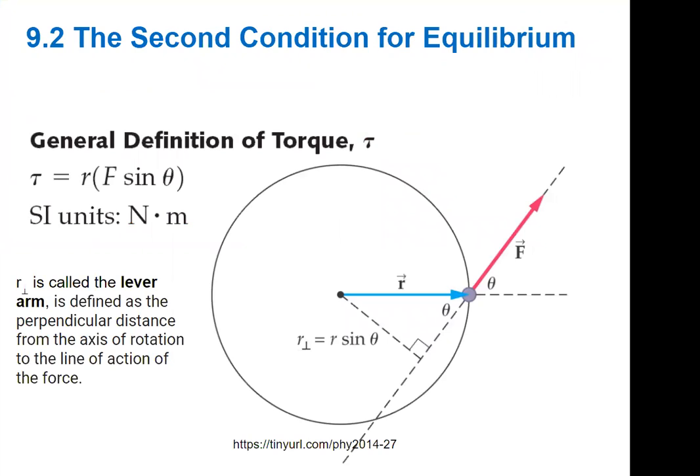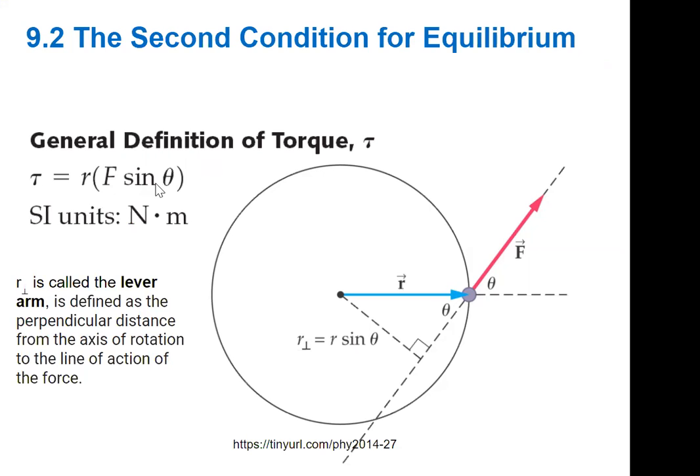And then for the second condition, we took a look at a new quantity called torque, which is the cause of the object rotating. If there's a force on the object over here, then it will make the object rotate about the axis of rotation. So torque is R times F times sine of theta, where theta is the angle between R and F. That gives you the magnitude of the torque.